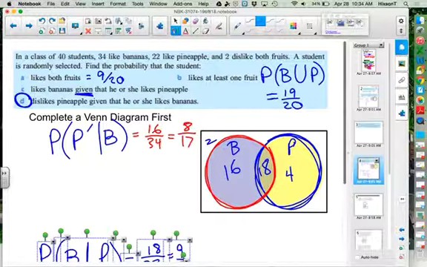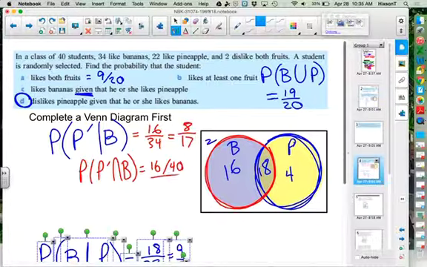What's the probability of not P intersect B? 16 out of 40. 16 out of the 40 people don't like pineapples but do like bananas, over the probability of B. What's the probability that someone likes bananas? 34 out of 40.